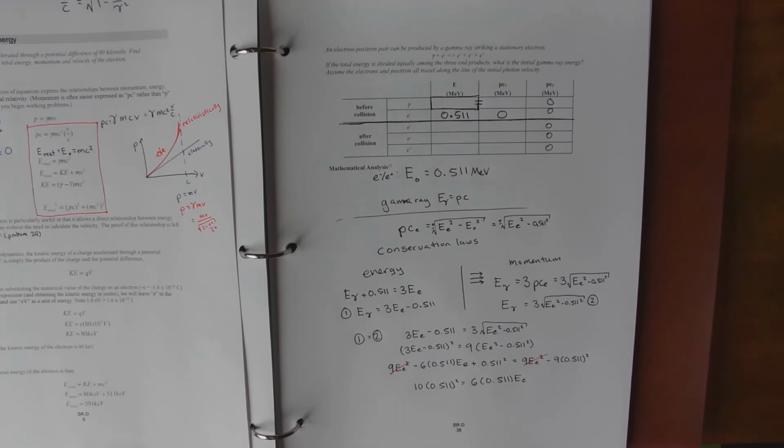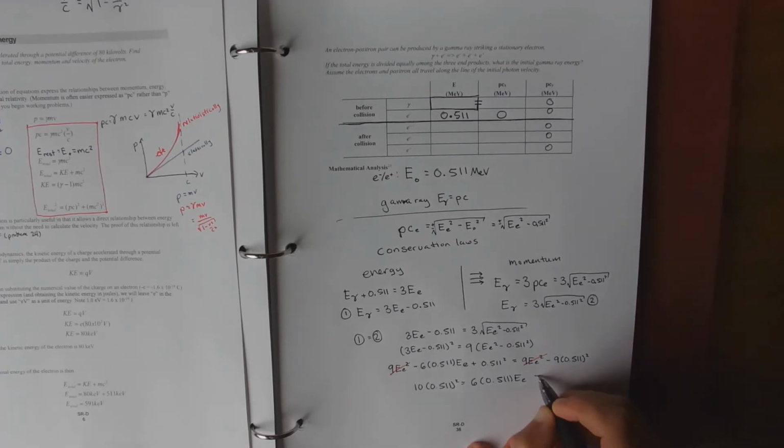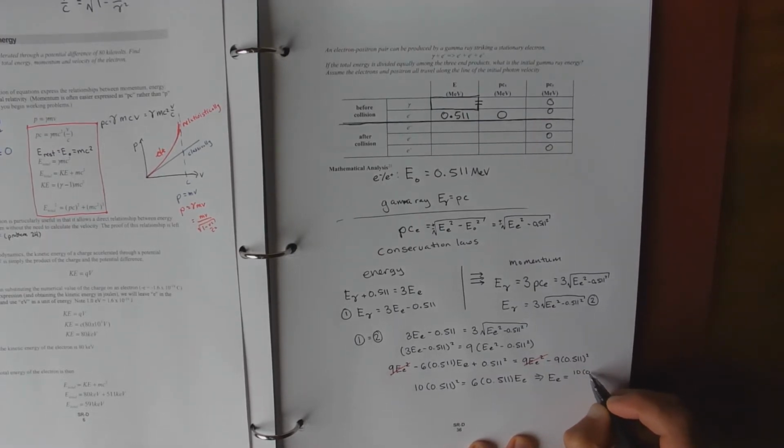And so then the total energy for an electron or a positron after the collision is going to be 10 times 0.511 squared divided by 6 times 0.511 squared.